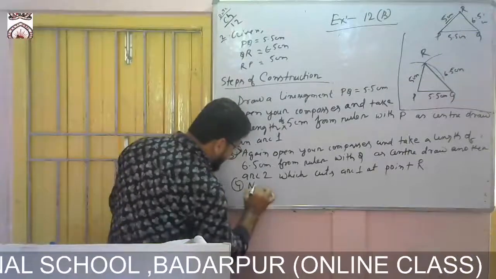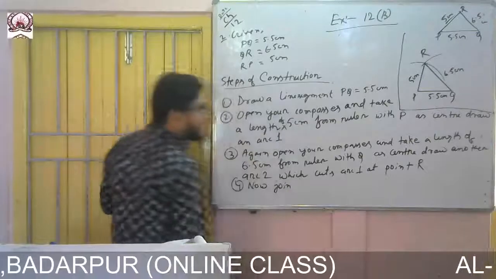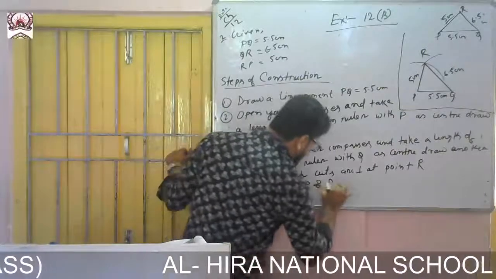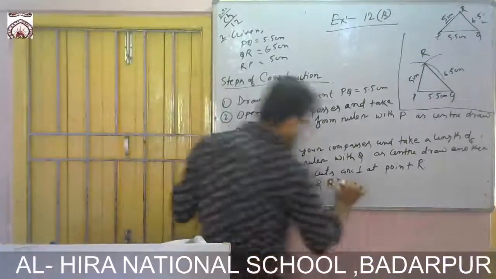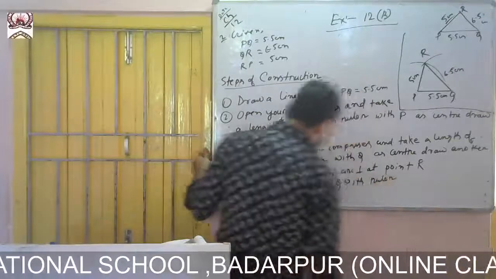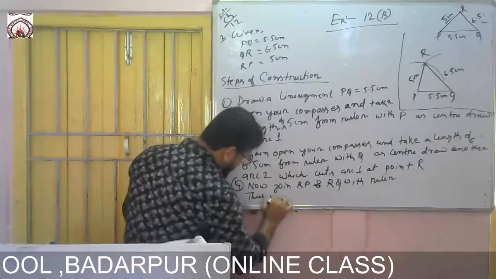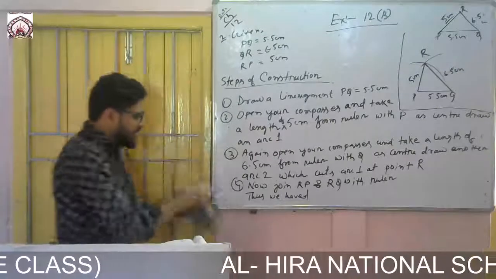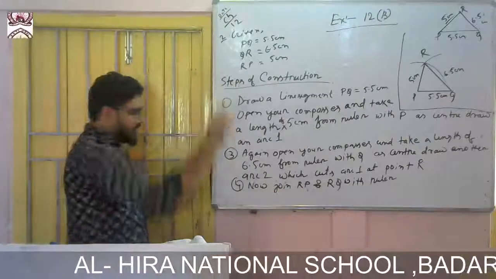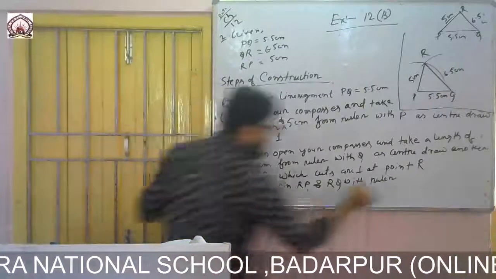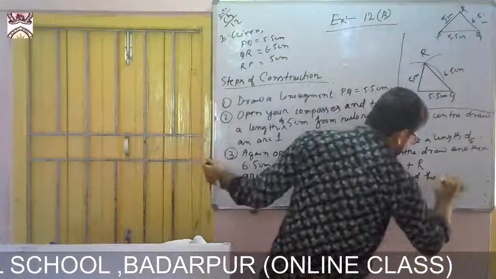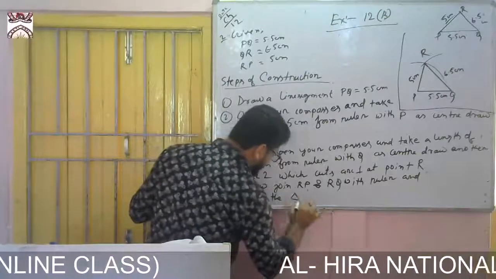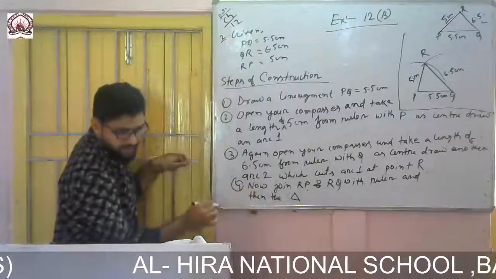Number 4. Now join RP and RQ with the ruler. Thus the triangle is obtained, and the triangle is named PQR.